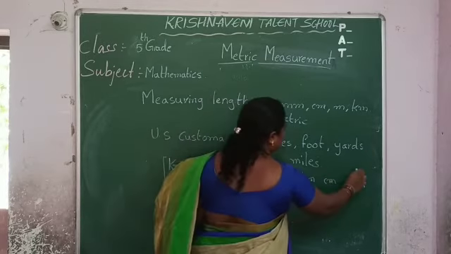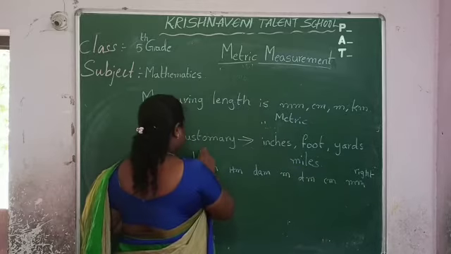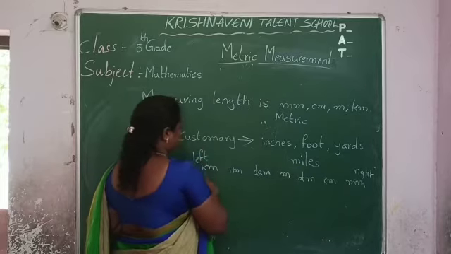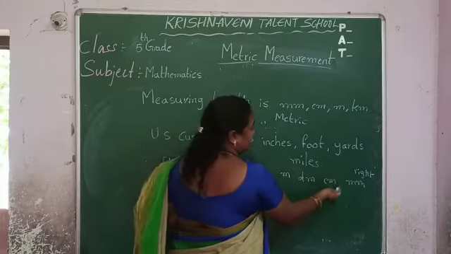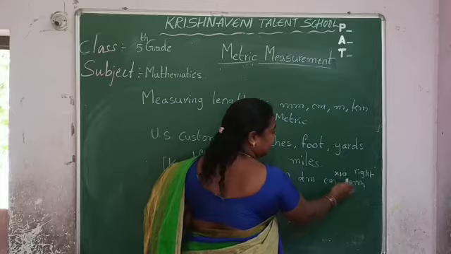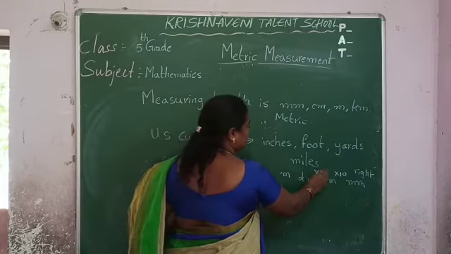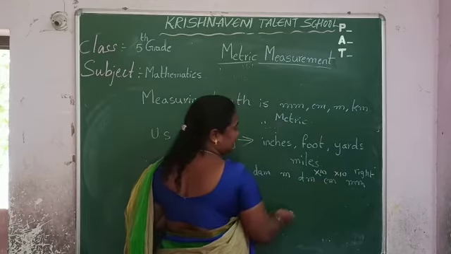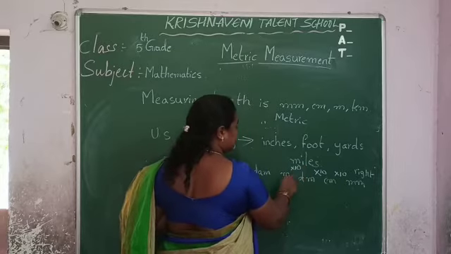Here the right side has smaller units, the left side has bigger. Centimeter is 10 times more than millimeter. Again decimeter is 10 times more than centimeter. Next meter is 10 times more than decimeter.